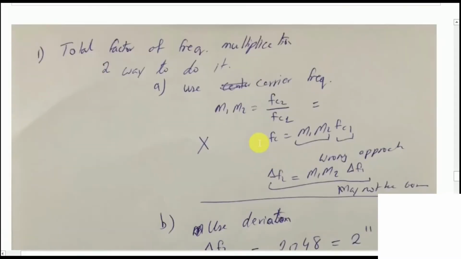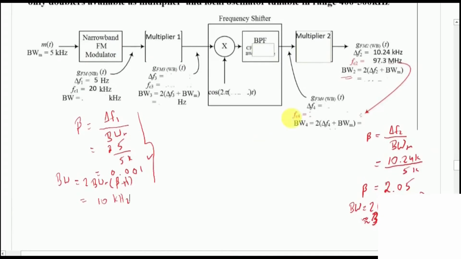In fact, what we do is we look at the frequency deviation. The frequency deviation at the output of wideband FM, we divide by the frequency deviation delta F1 at the output of narrowband FM. Once we divide that, we will find multipliers M1 and M2, right?